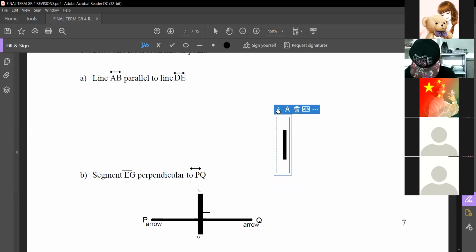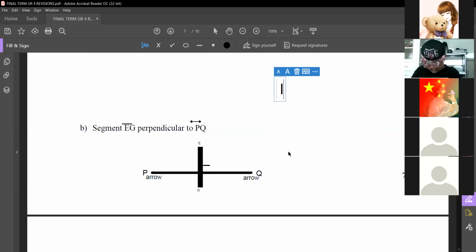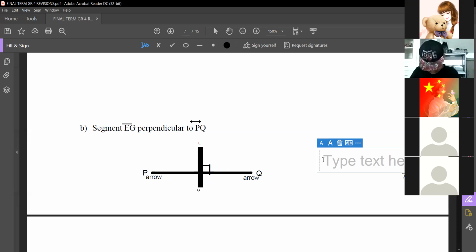You need to draw a small box, because for a perpendicular you should have a right angle there. Correct or not? Correct. Very good.